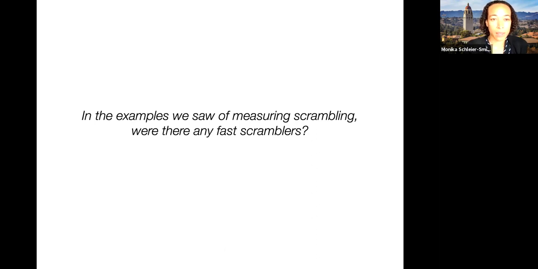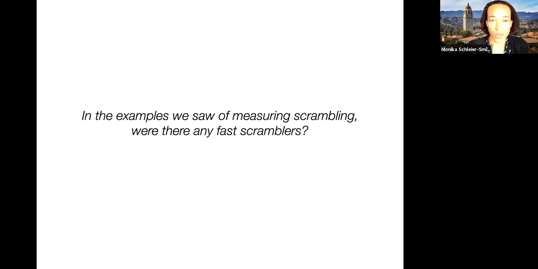Meaning that the characteristic time scale for this out of time order correlation function is only logarithmic in the number of qubits. In this case, they were all systems of qubits, for the number of sites. Was anything a fast scrambler? Is anyone willing to answer that question?